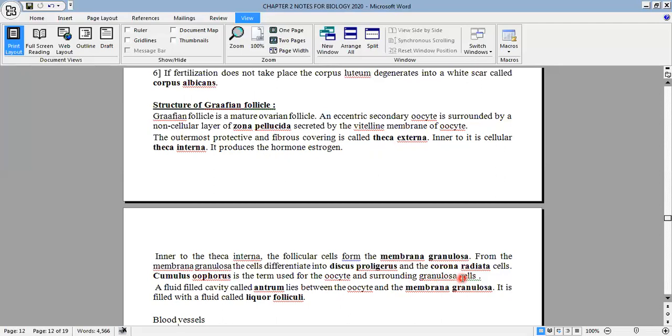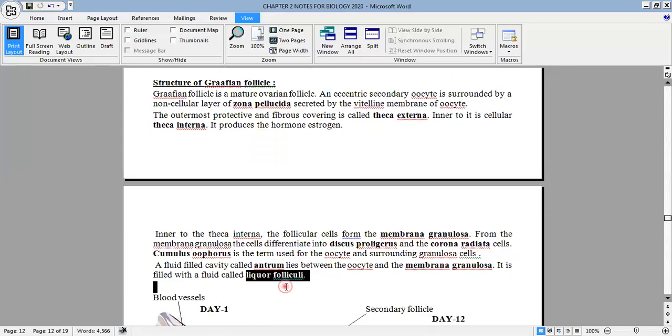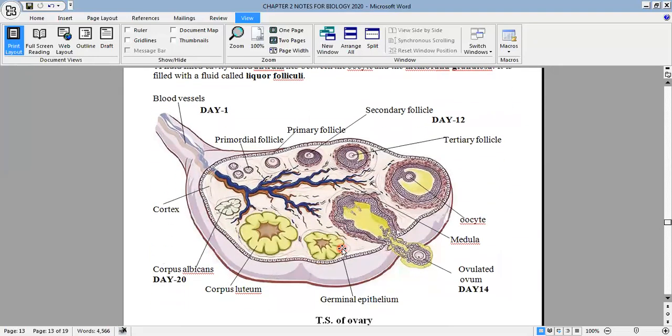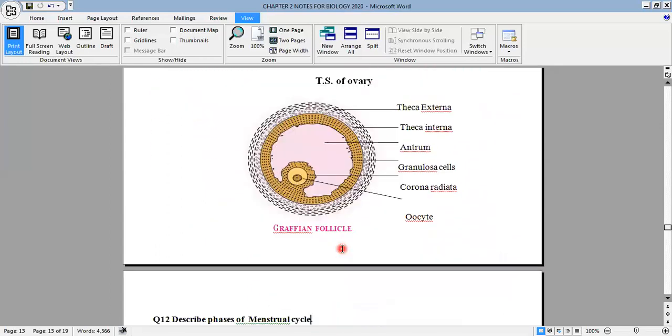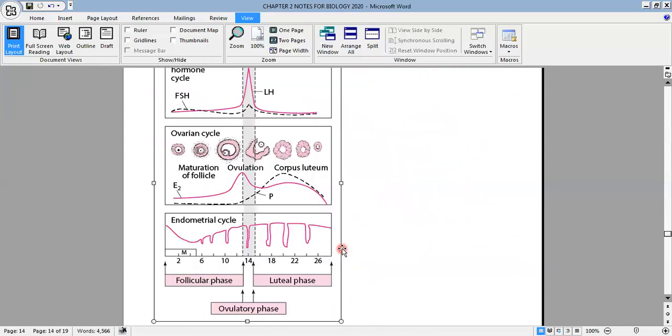So now you have an oocyte surrounded by vitelline membrane, surrounded by zona pellucida, further surrounded by corona radiata, then surrounded by membrana granulosa, and a fluid-filled antrum present in the center. And this fluid is called liquor folliculi. So this entire structure shows a mature Graafian follicle. And this Graafian follicle has a secondary oocyte present in it.